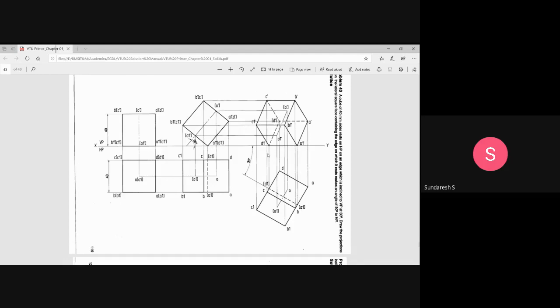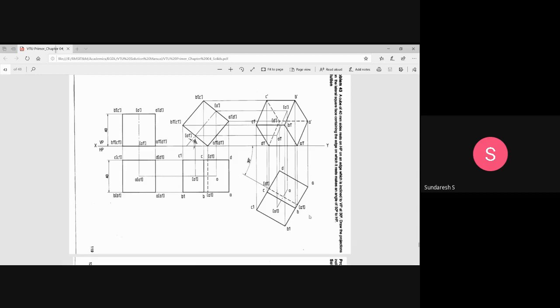So for that, we move to the third position here. The inclination with respect to VP can be shown in the top view only, so we start the third position with the top view. Take a convenient distance below the XY line and draw a parallel line. I will keep telling you always, because the top view should not cross the XY line for any reason.